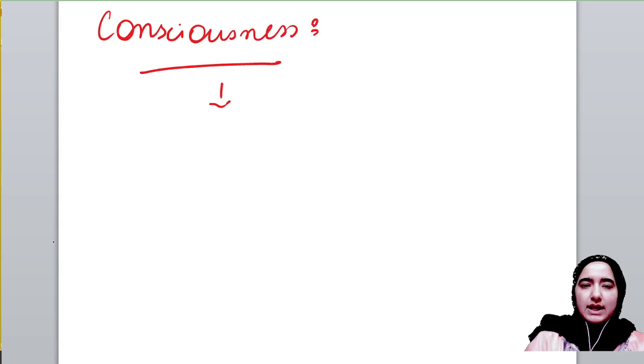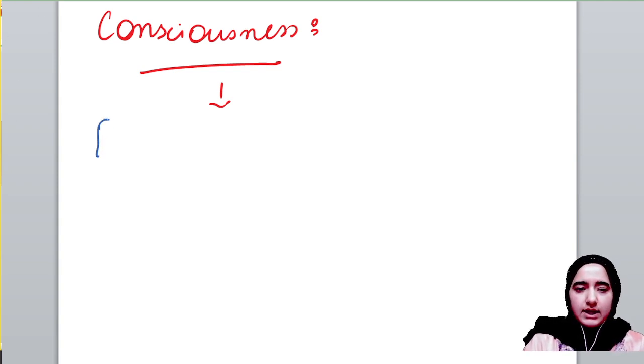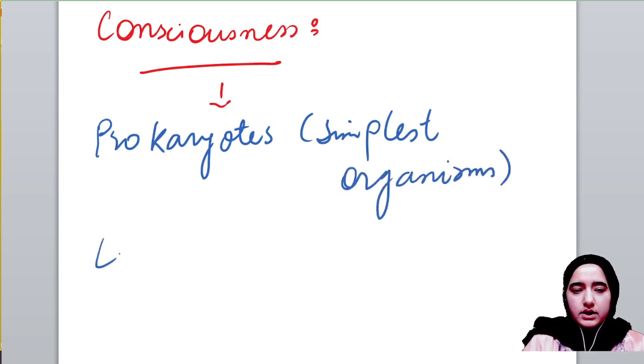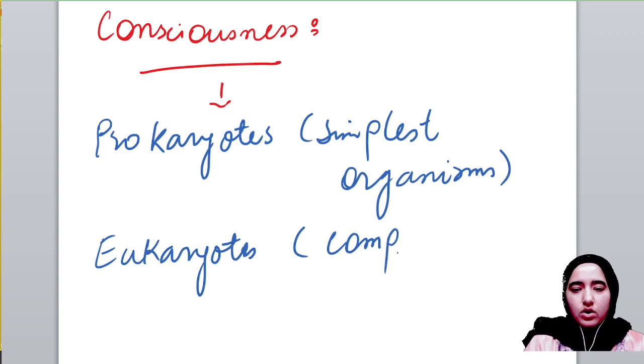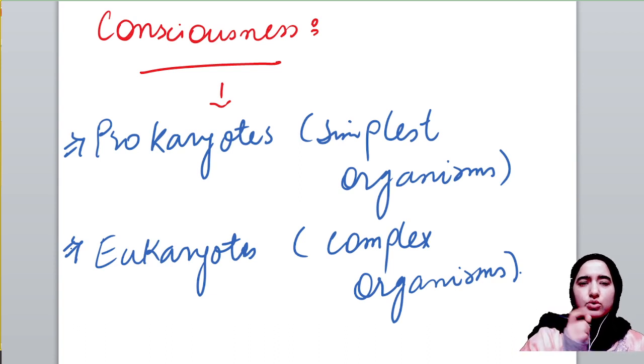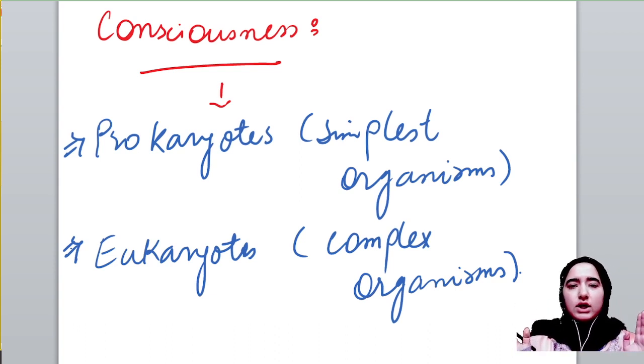Now if I tell you that each and every organism, be it prokaryotes, the simplest organisms, or eukaryotes, the most complex organisms, they are very conscious about their environment.